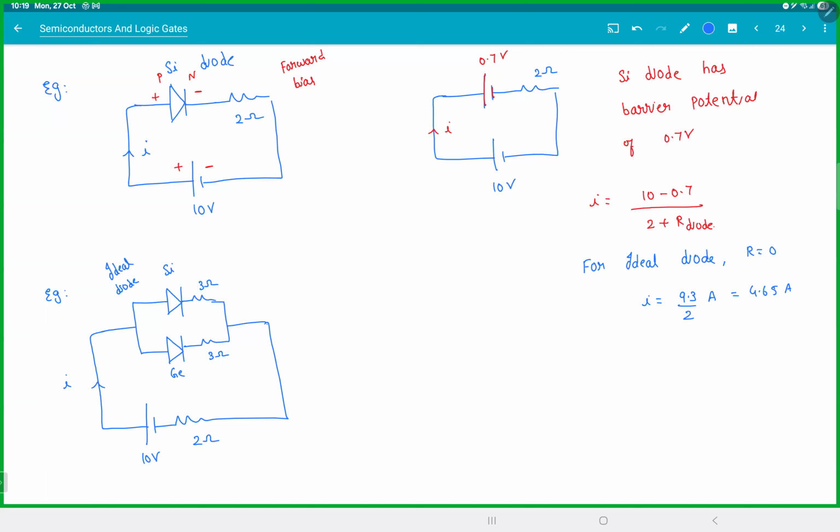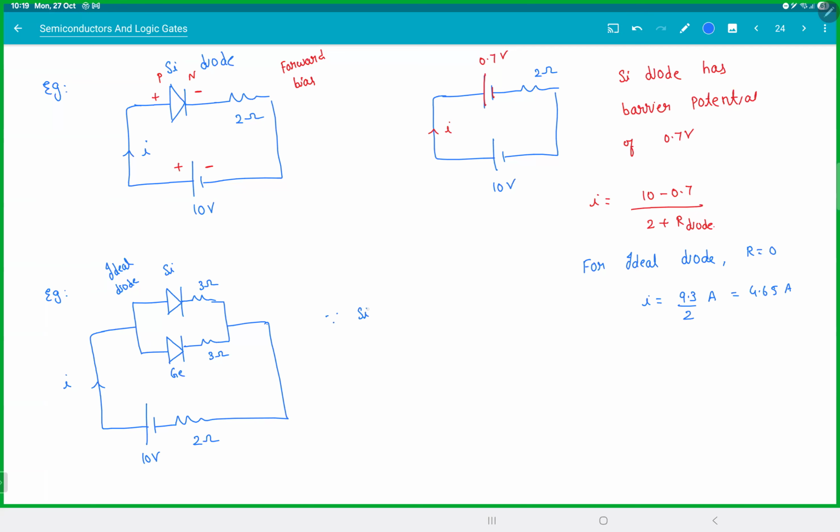So what is the catch here? What is silicon's barrier potential? 0.7. Germanium's potential? 0.3. So who will get activated first? Germanium. So silicon won't even work. If the potential across this becomes 0.3, silicon will never get activated. It is like the current has an easy way to flow through germanium. Then why will it even flow through the silicon?